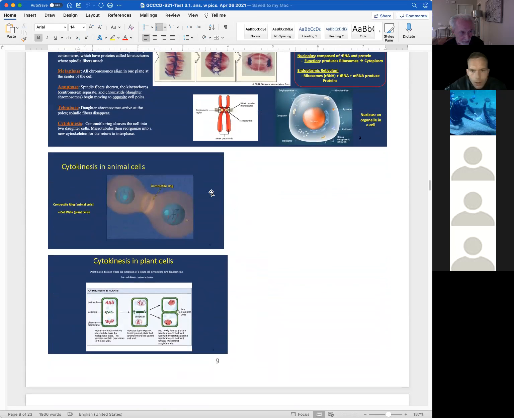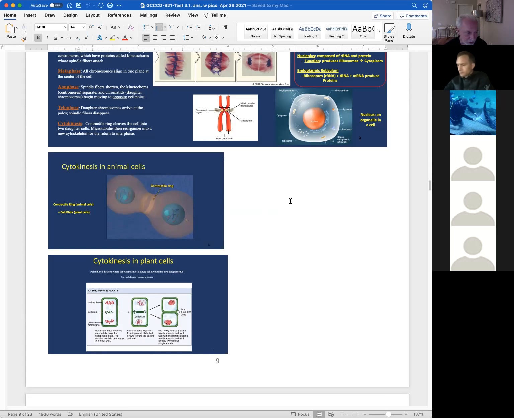And the cell divides at the end. We have a question coming up on cytokinesis. I think it's the last question in the set. The difference between cytokinesis in animal and plant cells. In animal cells, there's a contractile ring that squeezes the cytoplasm until two cells emerge from one.